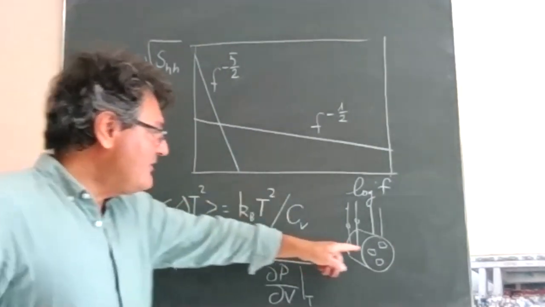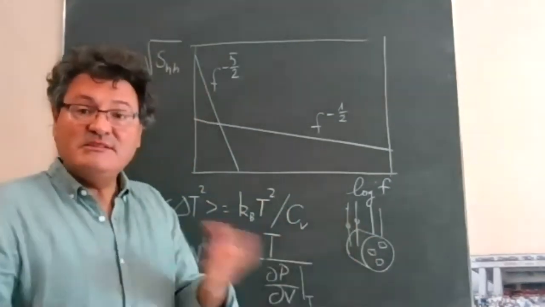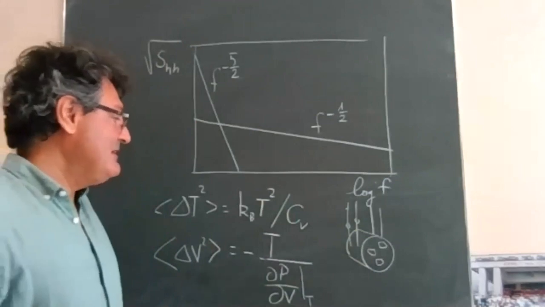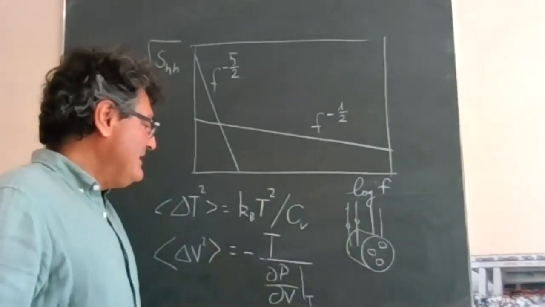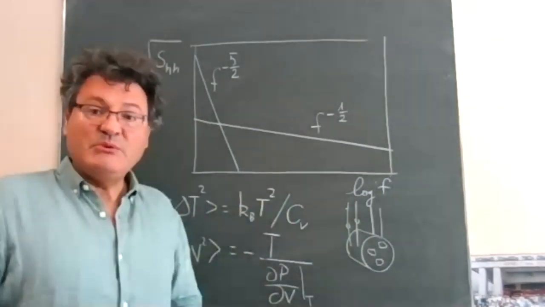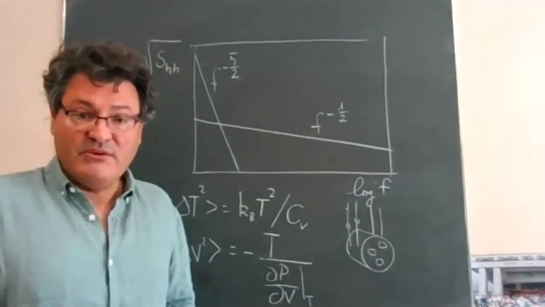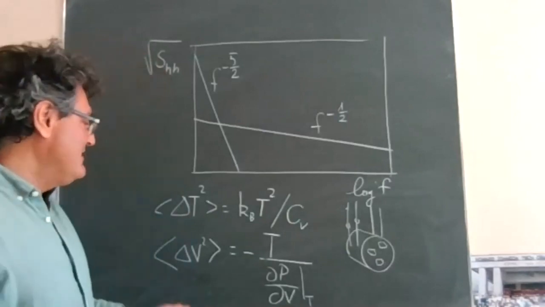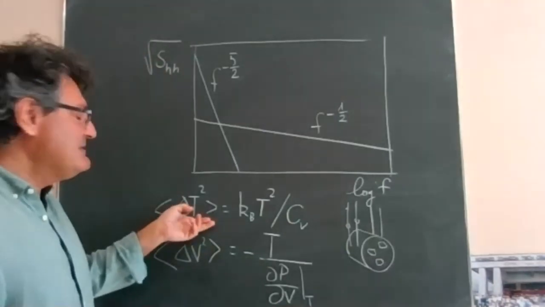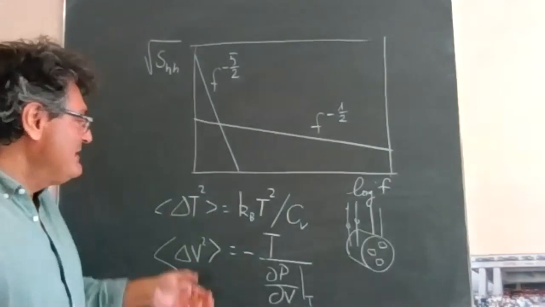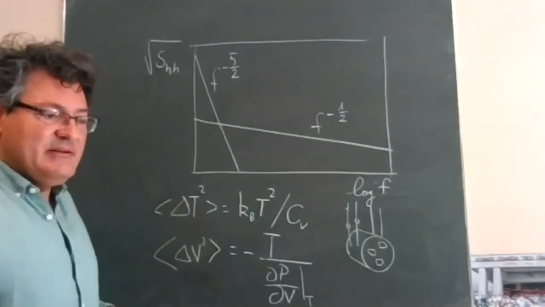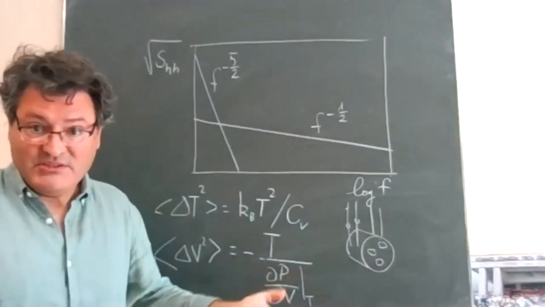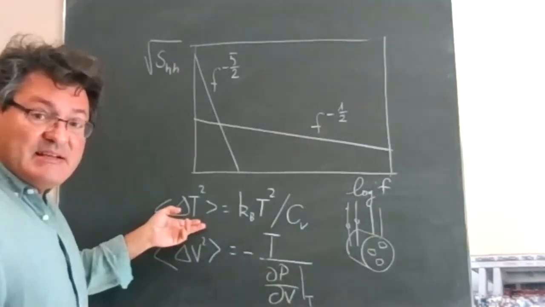So every temperature fluctuation is translated into volume changes. Therefore, in practical terms, we have two sources of fundamental thermal noise: volume fluctuations and temperature fluctuations. This is called thermoelastic noise, a thermoelastic effect.